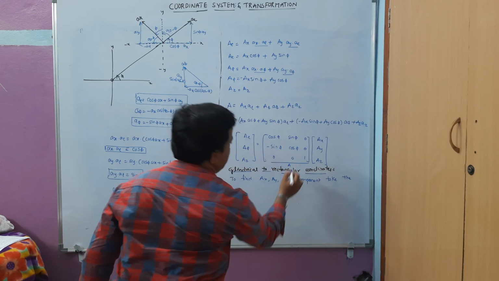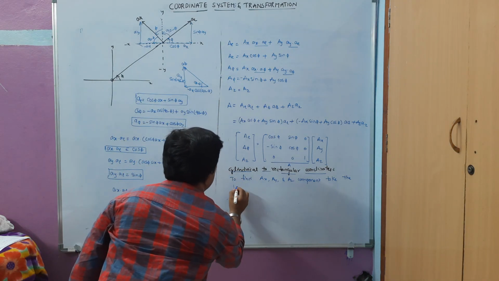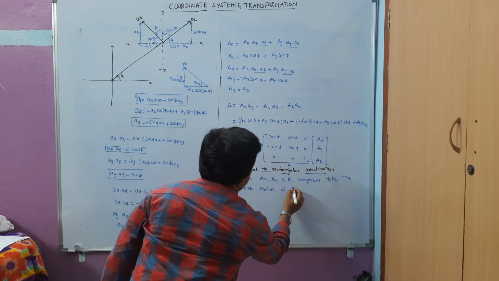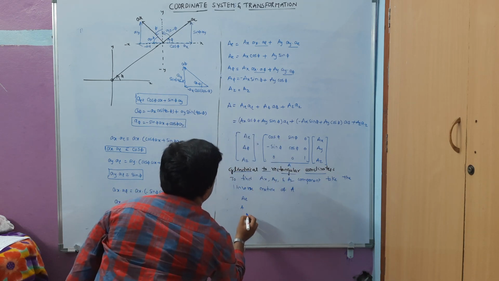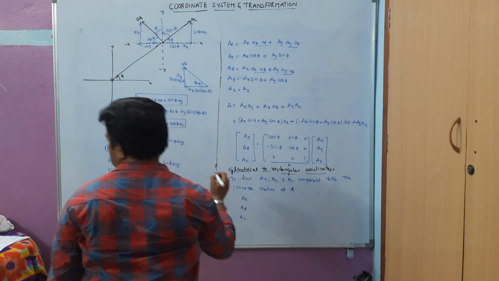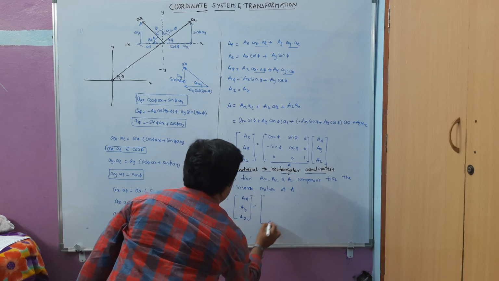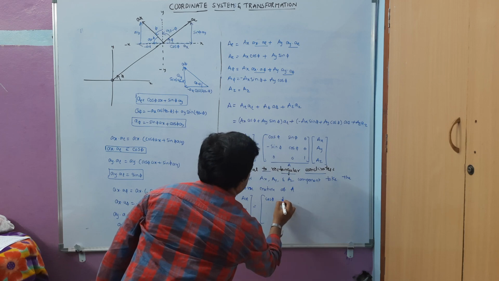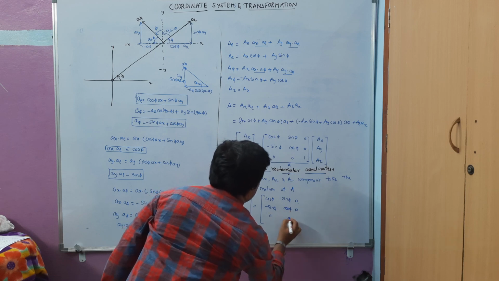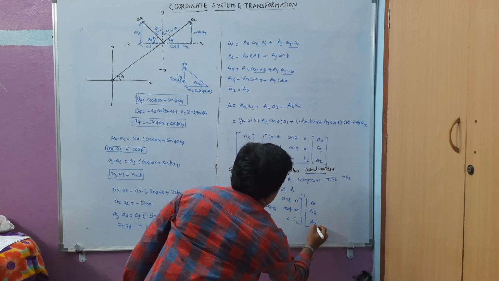If I take this matrix as A, I have to take the inverse matrix of A, that is take inverse matrix of A. So let us do that one: a_rho, a_phi, az equals the matrix cos phi, sin phi, 0; minus sin phi, cos phi, 0; 0, 0, 1, times ax, ay, az. I have to perform this matrix inverse.